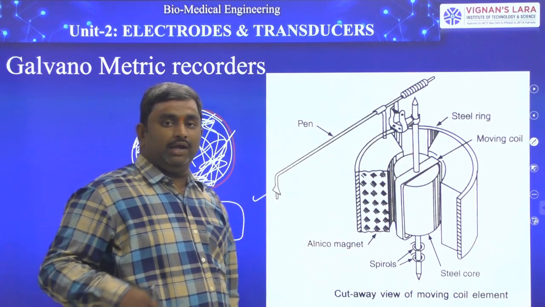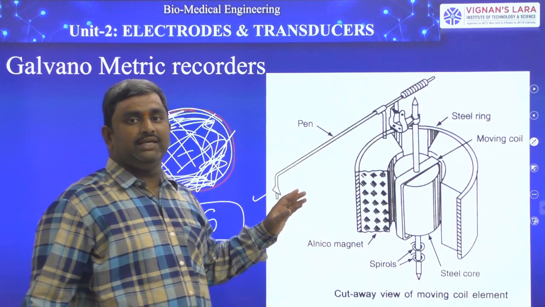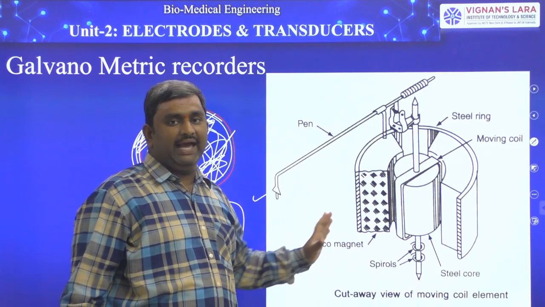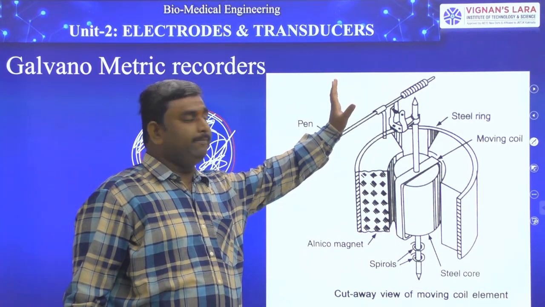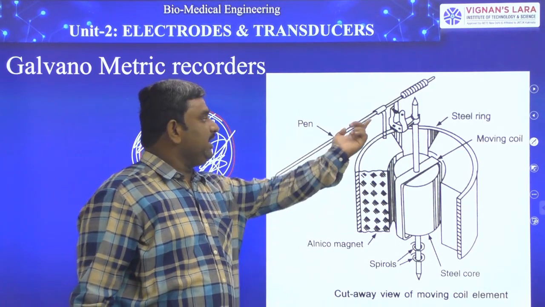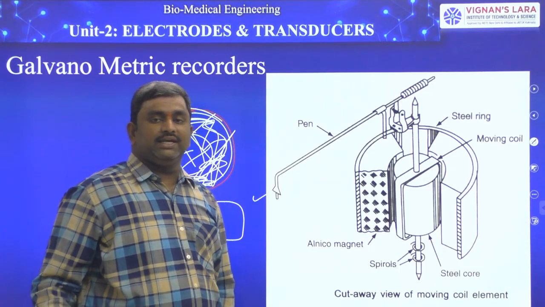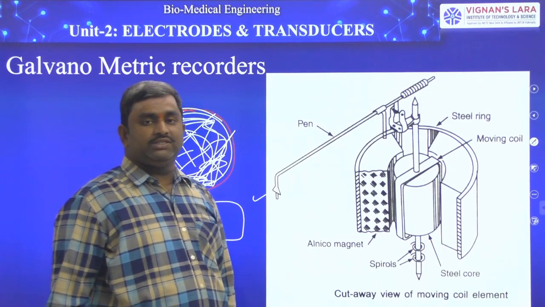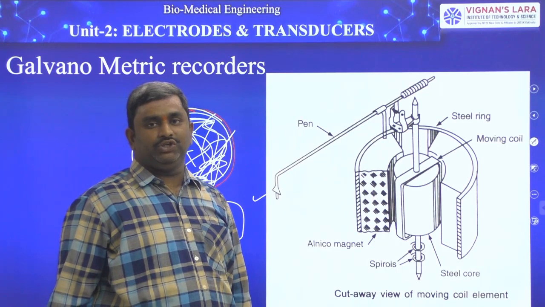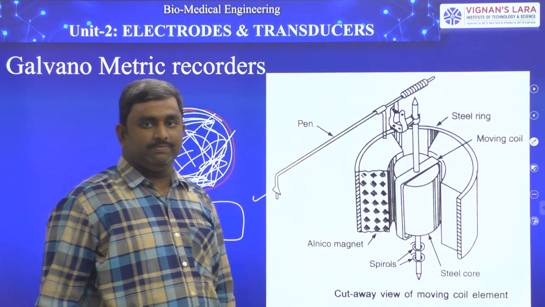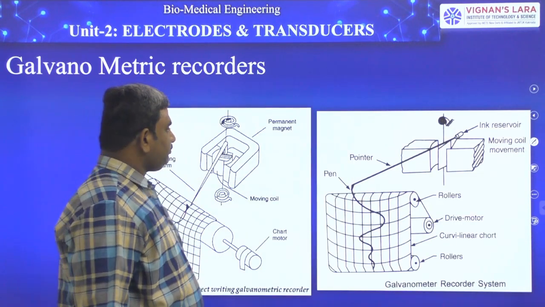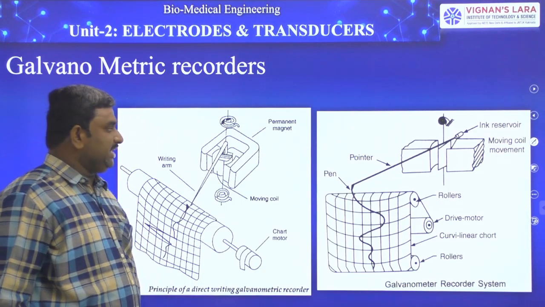Here we are using a single motor based mechanism to move this pen, to get the deflections in this pointer. So this is a galvanometric recorder. This is somewhat fast compared to the traditional motors. Next, these are two more examples.